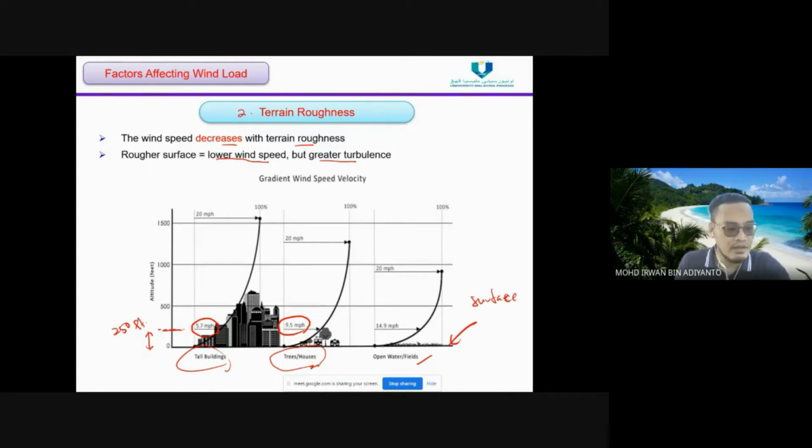And for open field regions at 250 feet, the speed can reach up to 14.9 miles per hour. So we can conclude that the rougher the space, the lower the wind speed, even at a similar altitude.